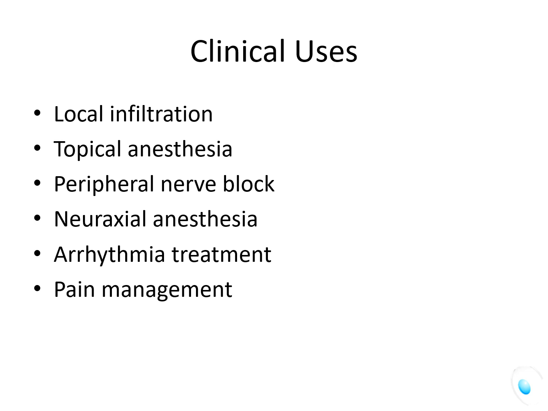Common things: local infiltration, topical anesthesia, like the EMLA cream that I just mentioned. Obviously for our peripheral nerve blocks, neuraxial anesthesia. But also keep in mind that local anesthetics can be used for arrhythmia treatment and pain management, which we're starting to see more and more with these lidocaine infusions.